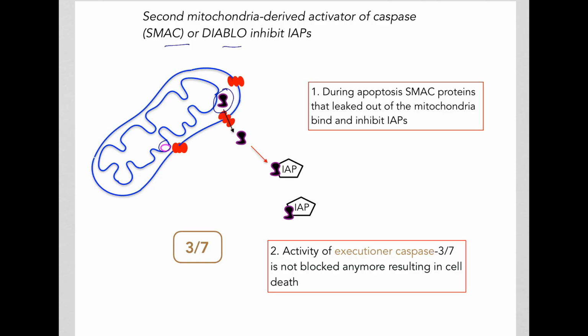These SMAC/DIABLO proteins bind and inhibit the IAPs, and thereby the IAPs cannot block the caspases. If the caspases are not blocked anymore, that is going to lead to apoptosis.